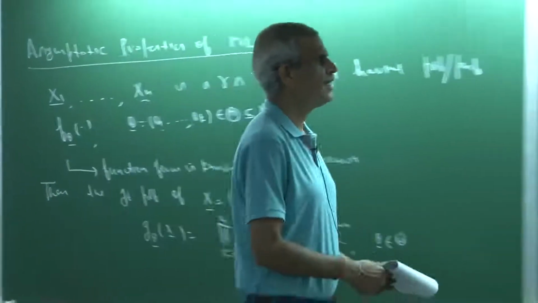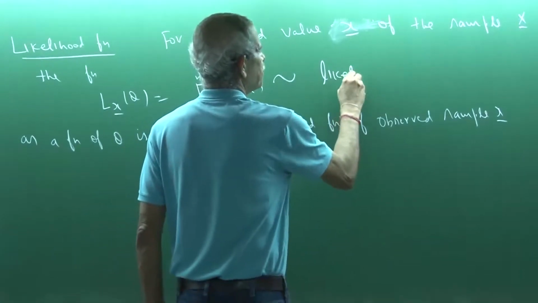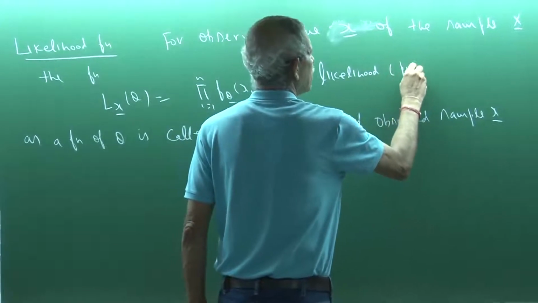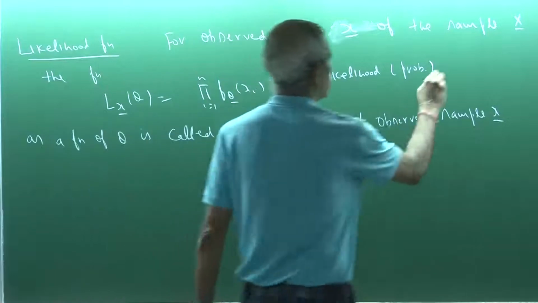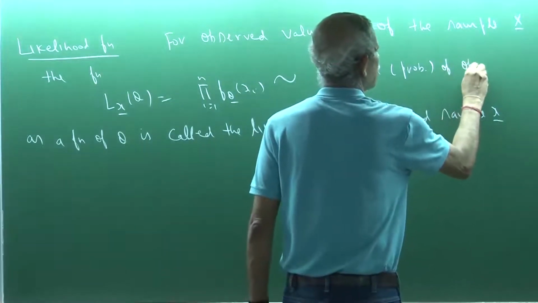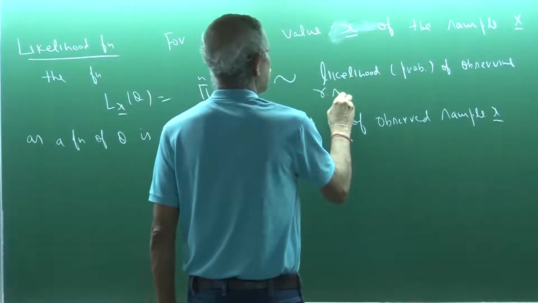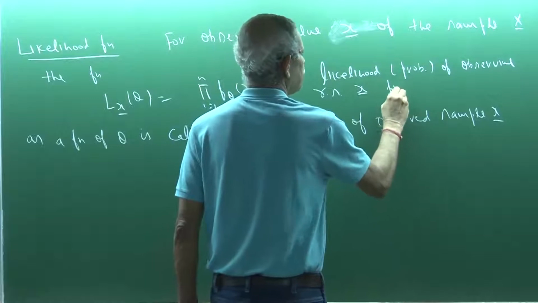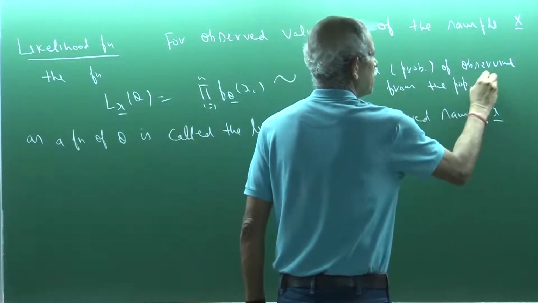So this is, in a certain sense, the likelihood, or the probability, of observing the random sample small x from the population f_theta.